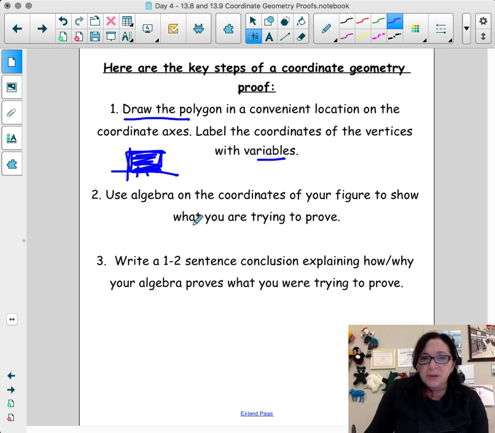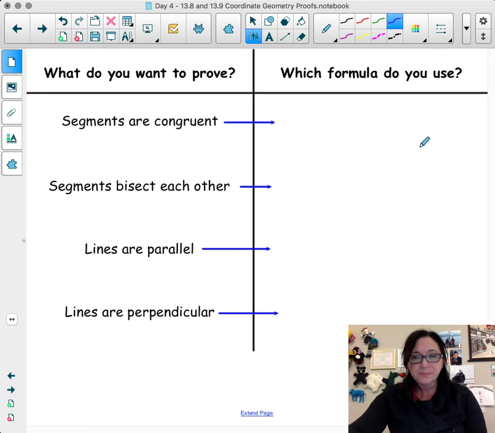So basically, you're going to be using algebra to prove whatever your proof says to do. And lastly, you're going to be writing a 1 to 2 sentence conclusion. You might be using the word therefore, the conclusion explaining why. You're going to do that for every one of the problems. So plan it, execute it, and then conclude what it is that you're trying to say.